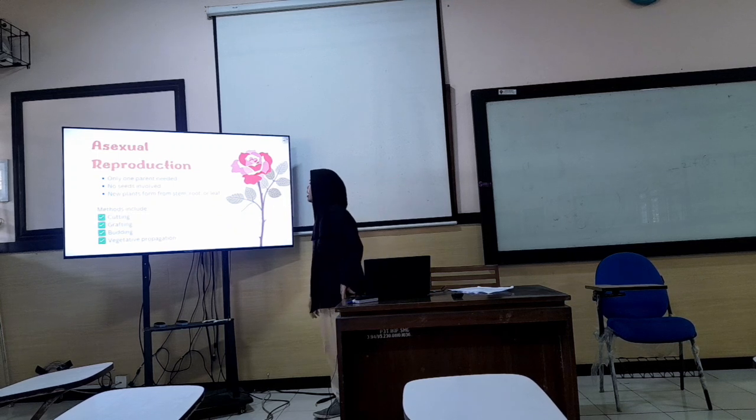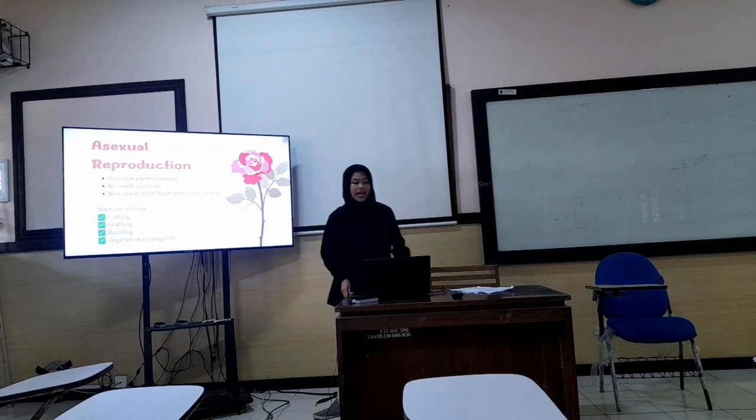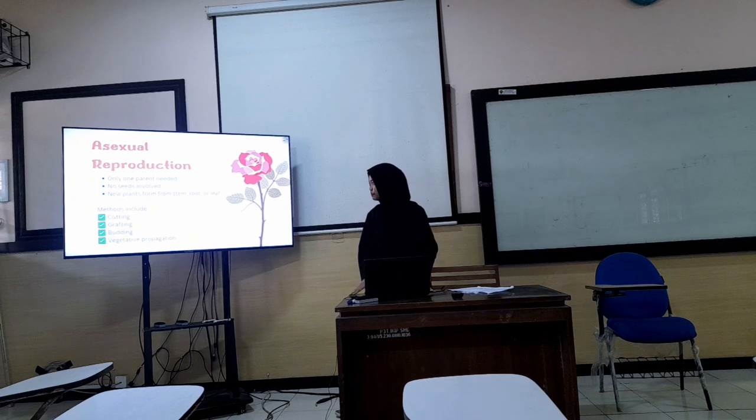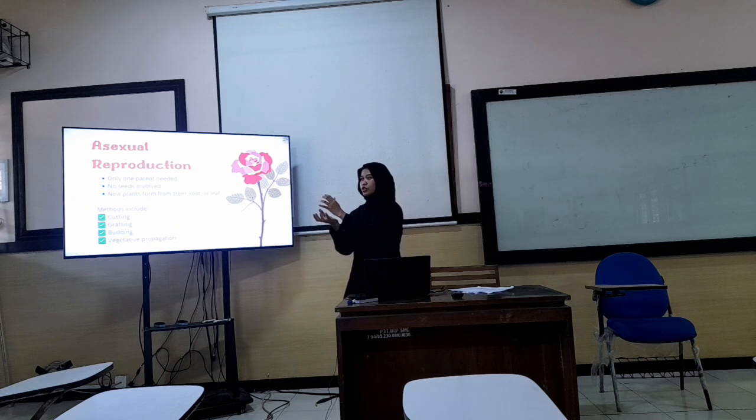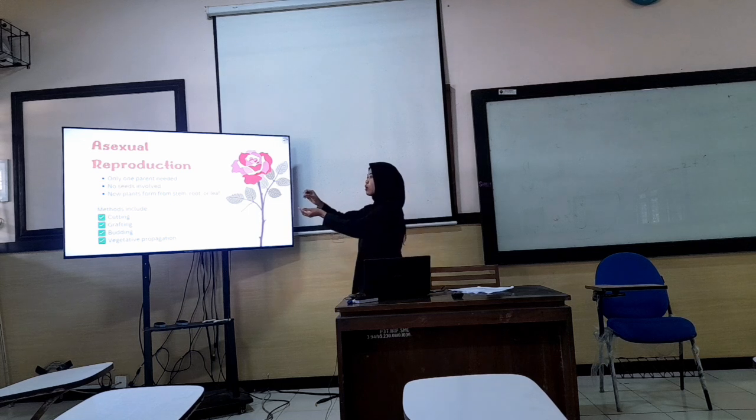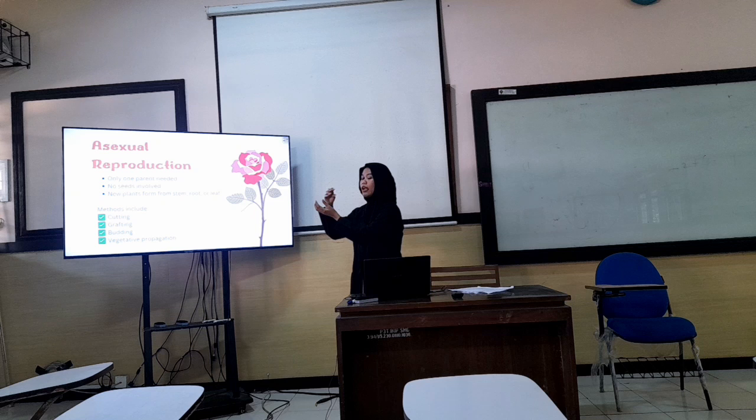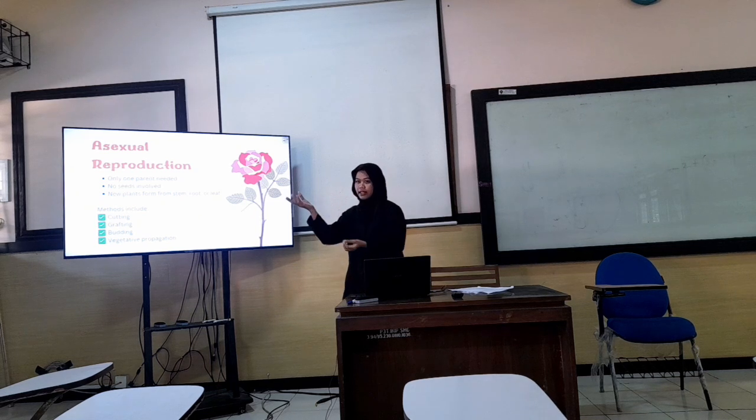And then the next one is budding. So budding is like you just need to prepare one plant, like for example tomato. Tomato will grow a bud, then the bud will break off, and then it will form a new plant.